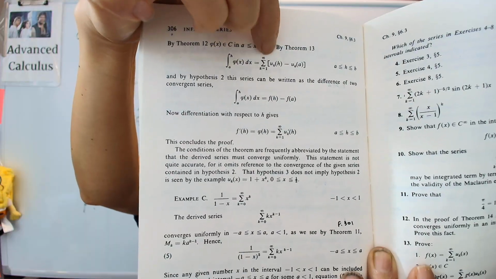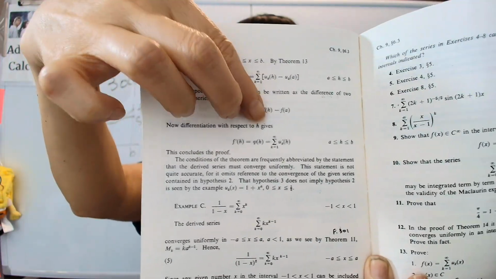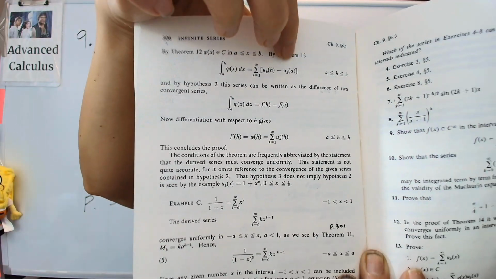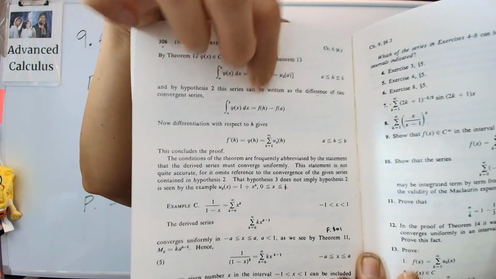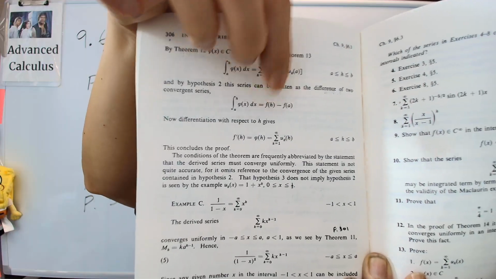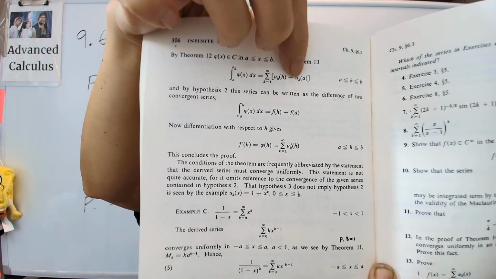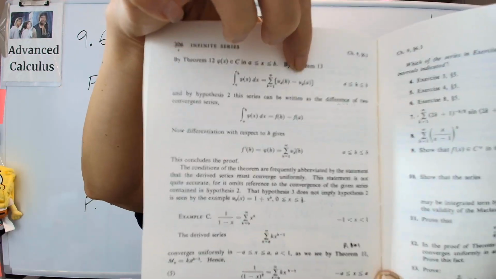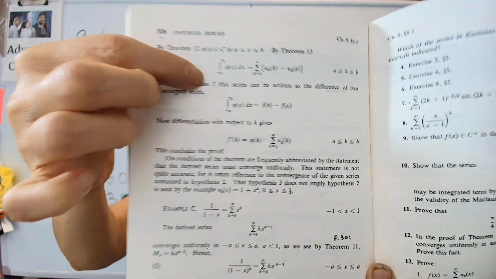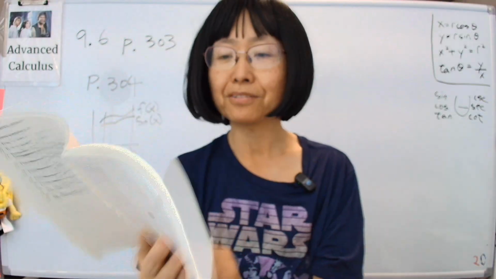These are just limits of partial sums, and partial sums can be broken up if the limits exist, so we can break these into two summations. This sum will be equal to f of h, and the sum over here will be equal to f of a. So far so good. In the meantime, this side is integrating from 0 to h.